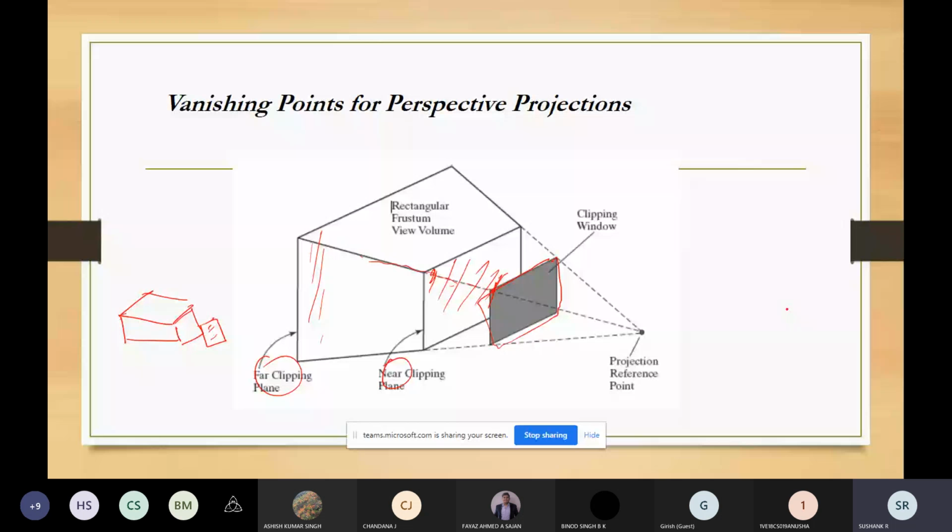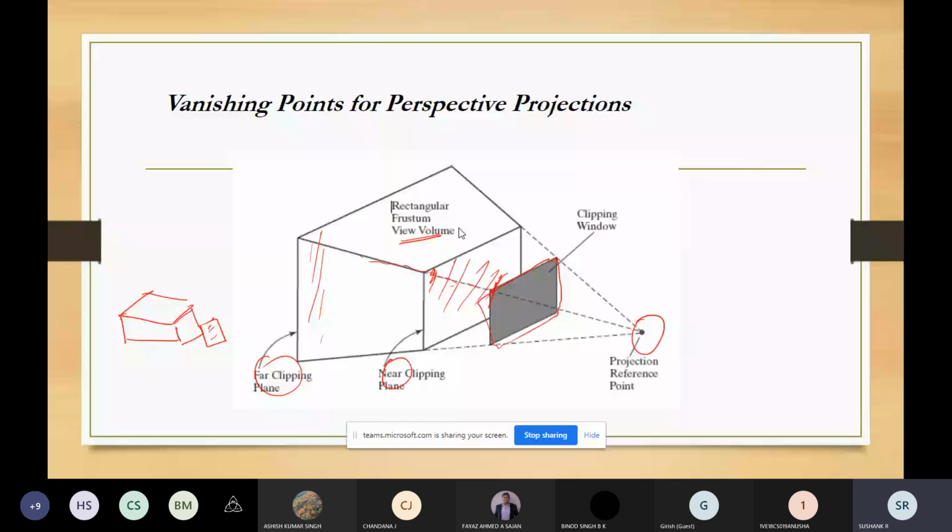This will form a pyramid-like structure, with the top of the pyramid, the projection reference point, which we call the apex. So this kind of projection forms a view volume which is a rectangular pyramid, with its apex at the center of the projection.